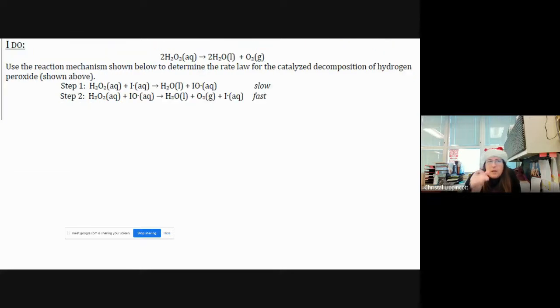Okay. All right. So here, use the reaction mechanism shown below to determine the rate law. So this is my slow step. So my rate law is going to involve these two things right here. So my rate law is going to be rate equals k. What's wrong?